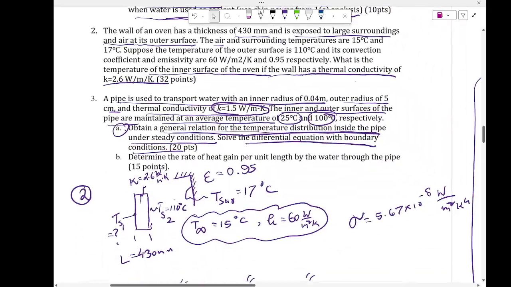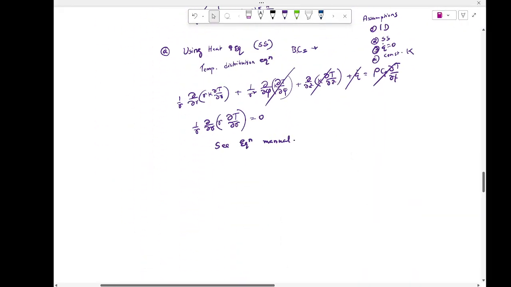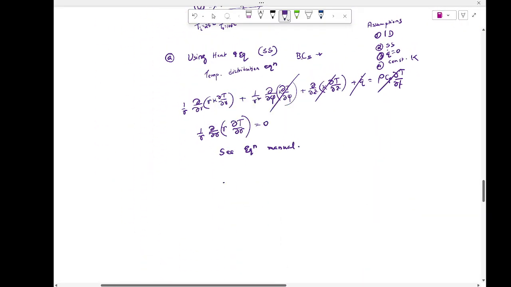The final part says to determine the rate of heat gain per unit length. For the temperature equation and Q equation, you go to the equation manual and solve it. Can you do that? David, you good? You can do it, right?